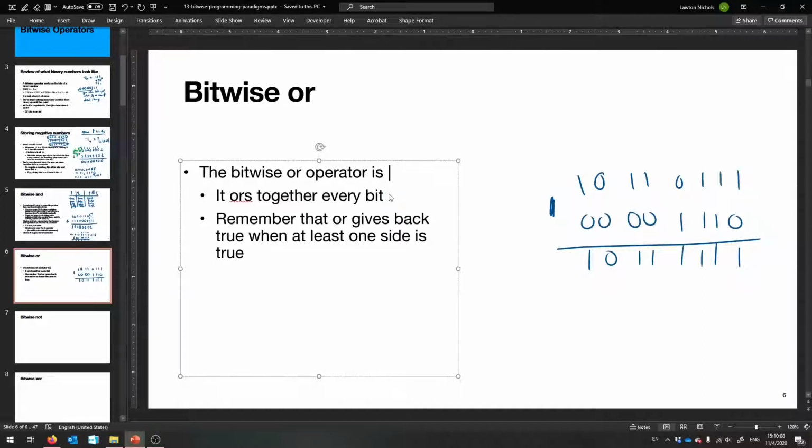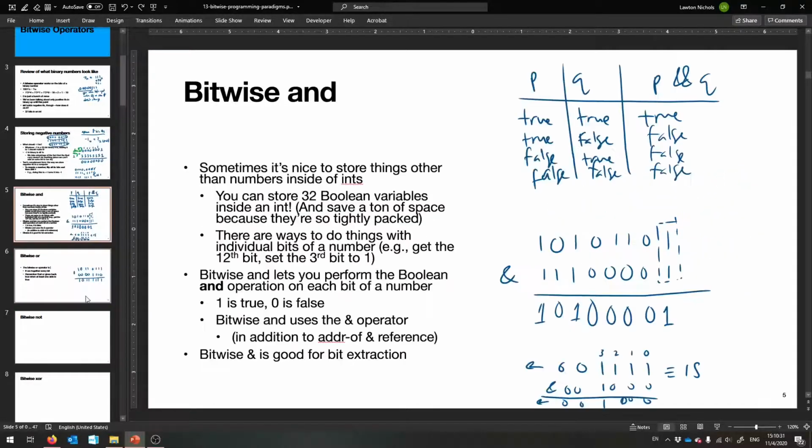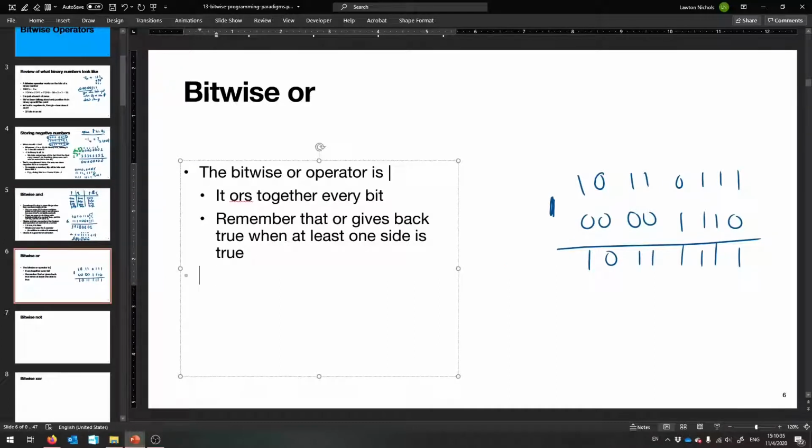Alright, so that's the result of the OR operation, and one of the nice things that OR does is it can set bits. You can make sure that it's going to set certain bits. Like this one, if you put a 1 here, it's guaranteed to be 1 in the output, regardless of whether or not the first one was a 1. You see that? So just like AND is good for checking bits, OR is good for setting bits.